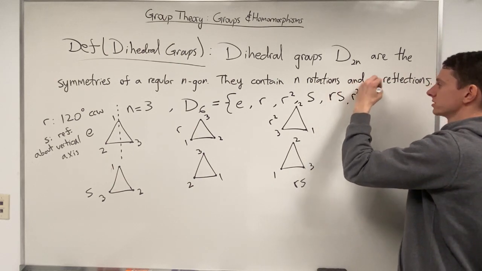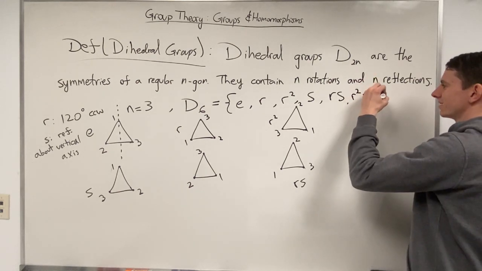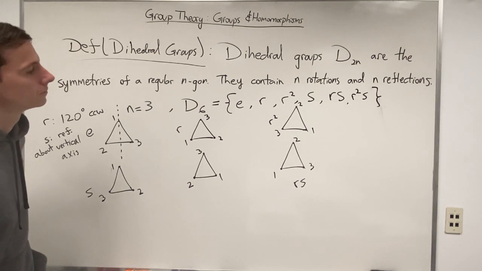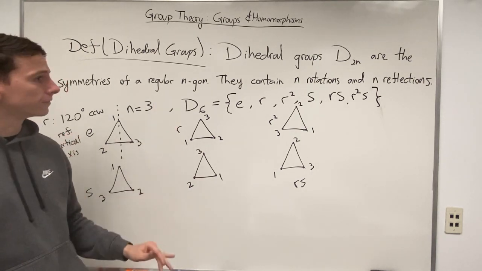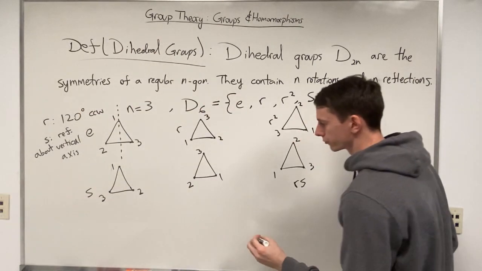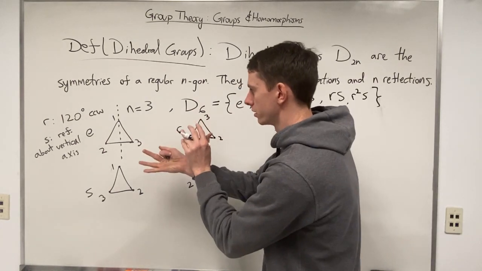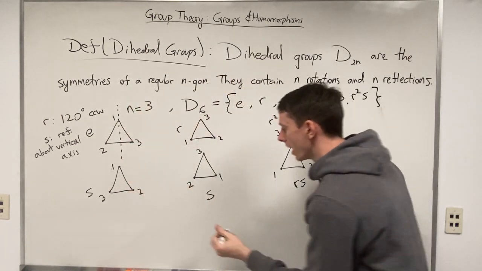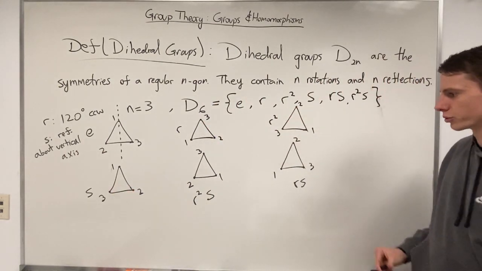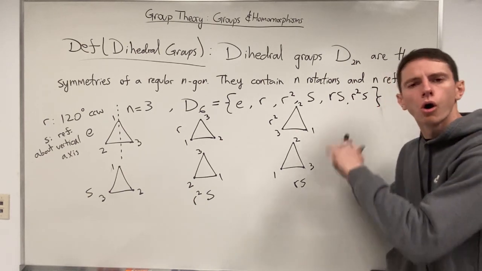It's going to be R squared S. I would encourage you to work through this yourself if it's unclear, to see that this picture corresponds to first applying a reflection across the vertical axis, and then applying 2 different rotations of 120 degrees once we get down to this point right here. Okay, so hopefully this makes sense.